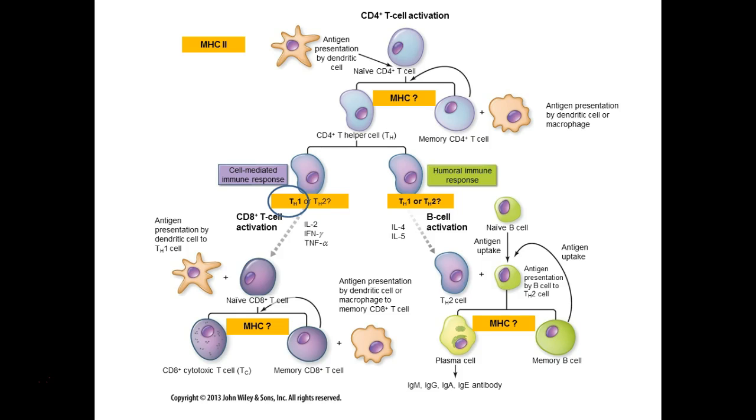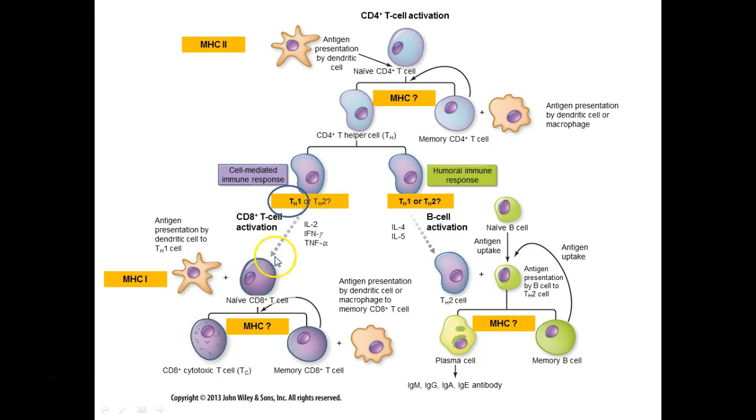Anyone says 2? They changed their mind now because most people raised their hand for 1. 1 is correct, MHC class 1. And remember, our cells, they don't show this here, all present, for the most part, MHC class 1. Remember, this cellular response is for stuff getting inside of our cells. We want to be able to present that outward via MHC class 1 so that the CD8 cytotoxic T cells can recognize it and destroy it.